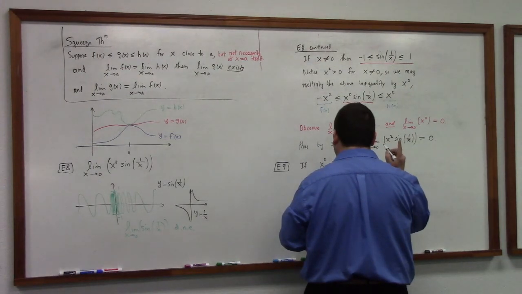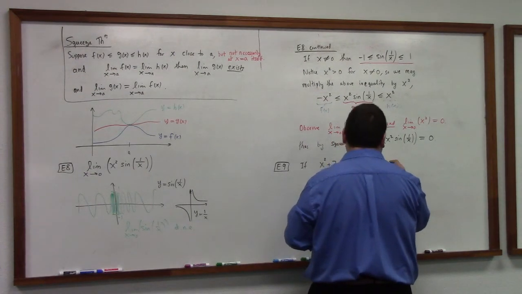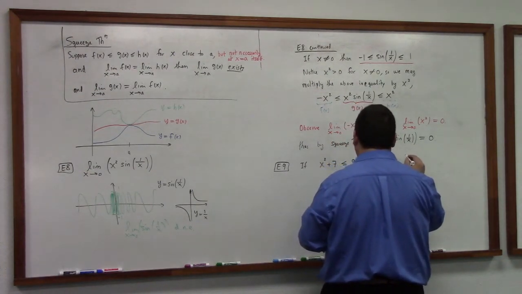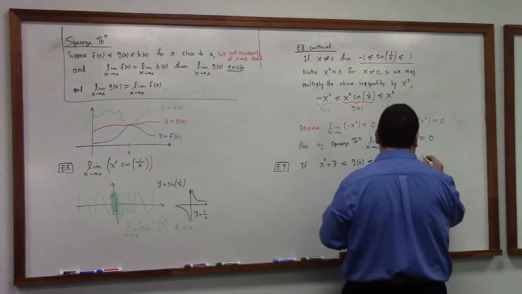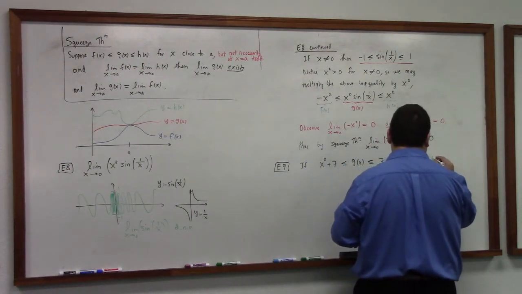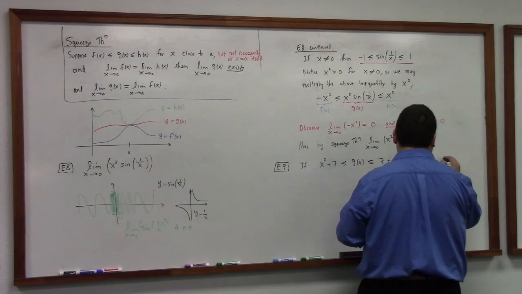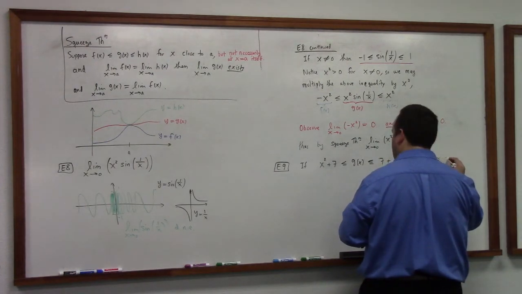Uno momento. I have to come up with something. 7 plus e to the x minus 1 for x approximately 1.